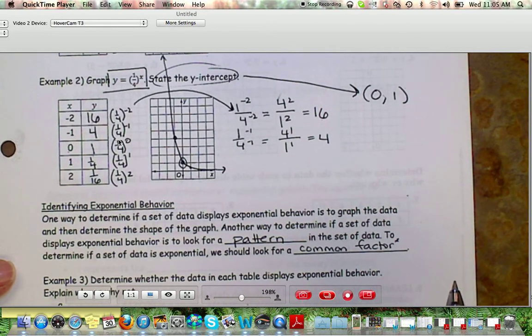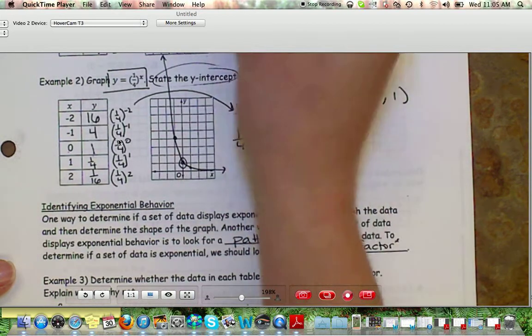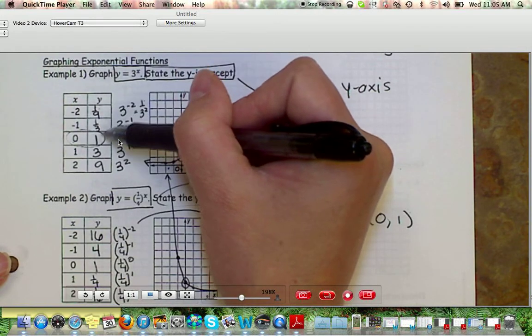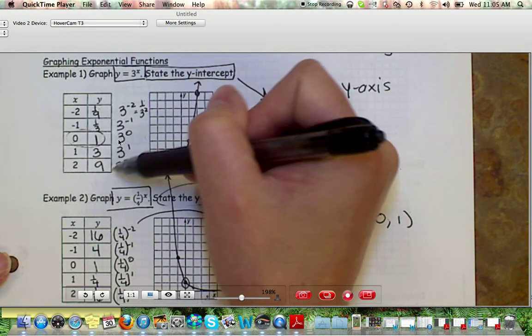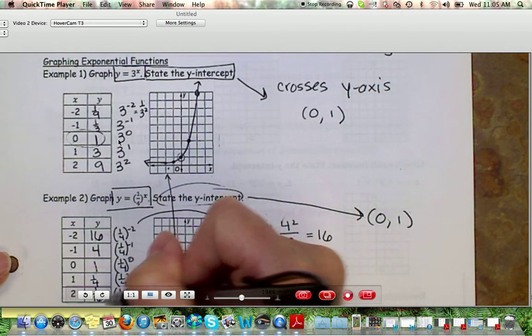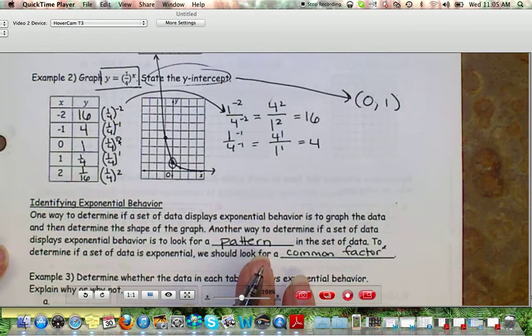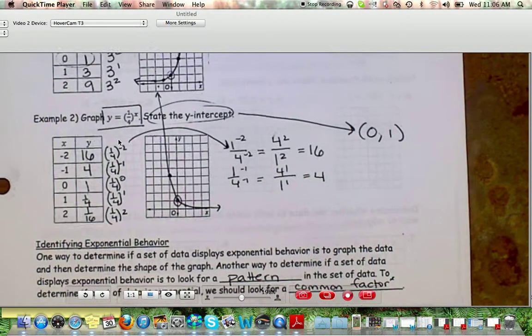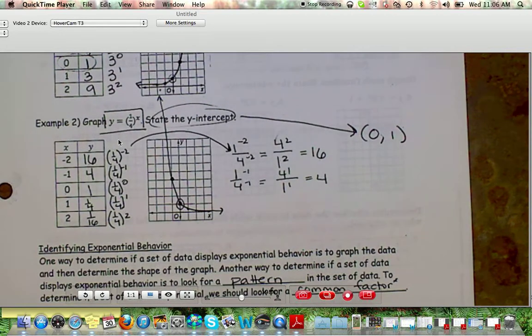A common factor is something that it keeps getting multiplied by or divided by. So I showed you the common factors here. We multiplied by 3, multiplied by 3, multiplied by 3, multiplied by 3. Here we divided by 4, divided by 4, divided by 4, divided by 4. So whether it's getting bigger or getting smaller depends on what the pattern is, of course.